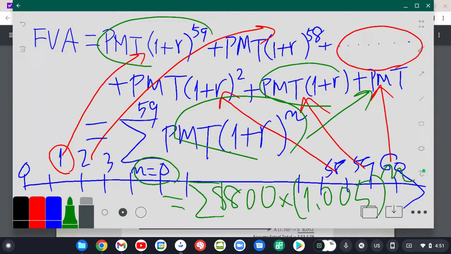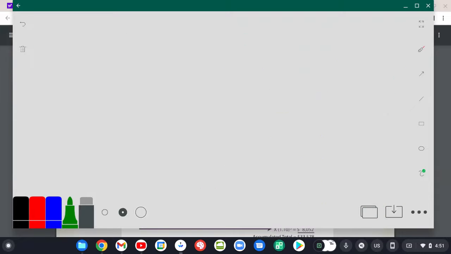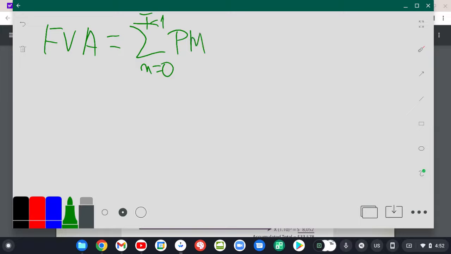So we need a reduced form of this, a reduced form formula. The future value of annuity, which is basically the sum of everything, running from 0 to T minus 1. Uppercase T means a terminal time, the maturity. So if T is 60, we don't go all the way to 60, but to 59: the payment times 1 plus r raised to n.